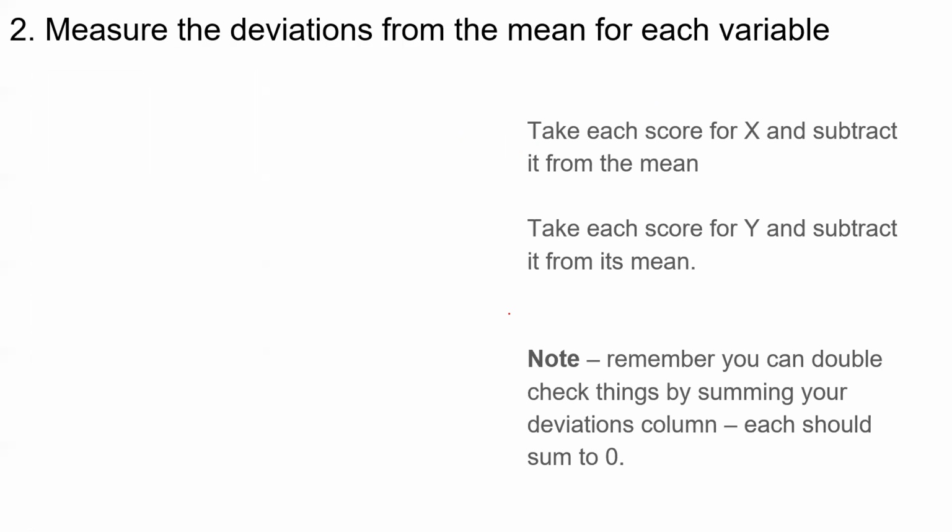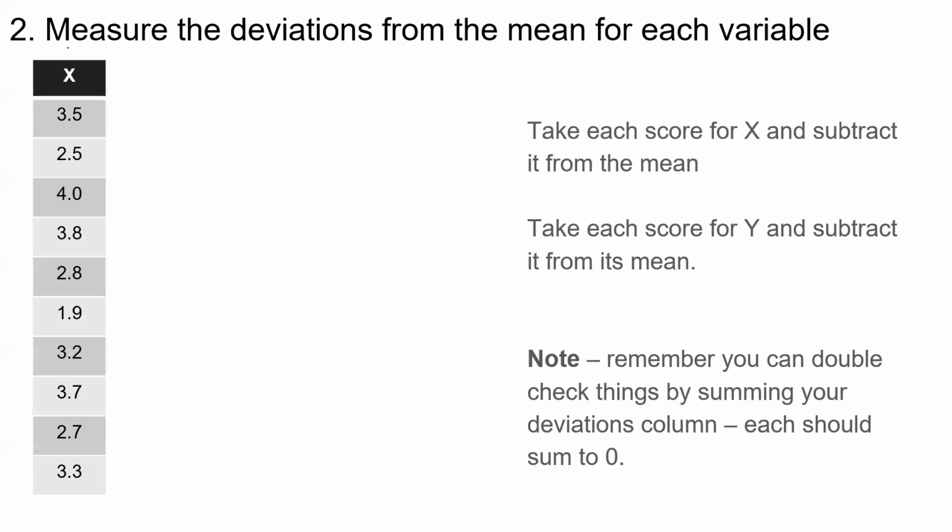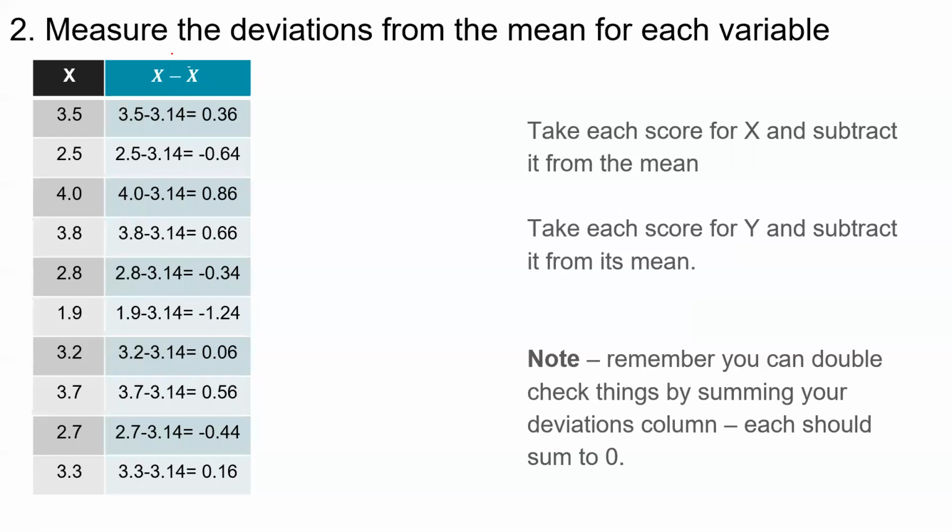The second step is to measure the deviations from the mean for each variable. All right, so here is our X column, and we've calculated our mean of X to be 3.14. So we're going to take each score in our X column and subtract it from the mean. 3.5 minus 3.14 is 0.36. 2.5 minus 3.14 is negative 0.64.